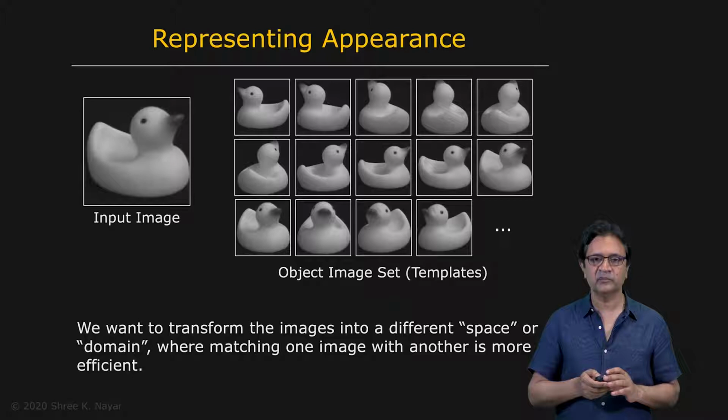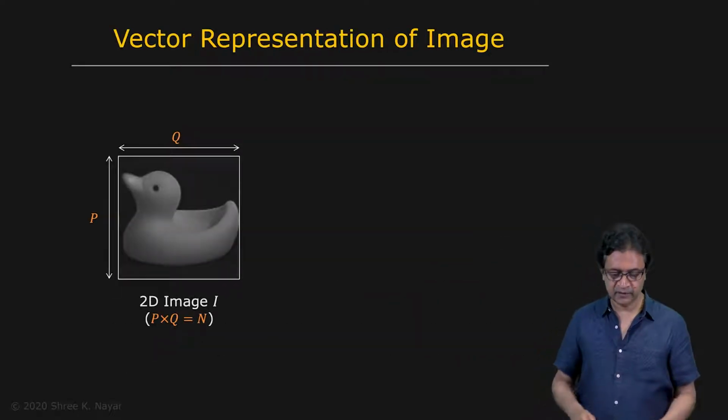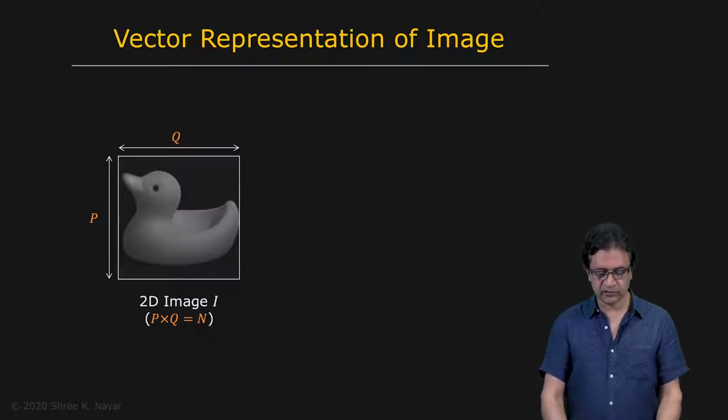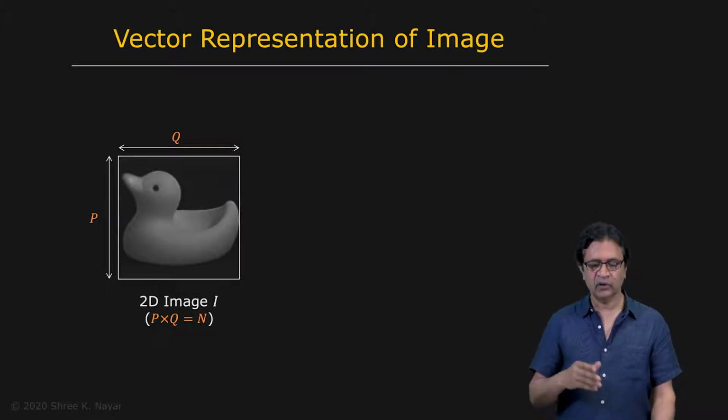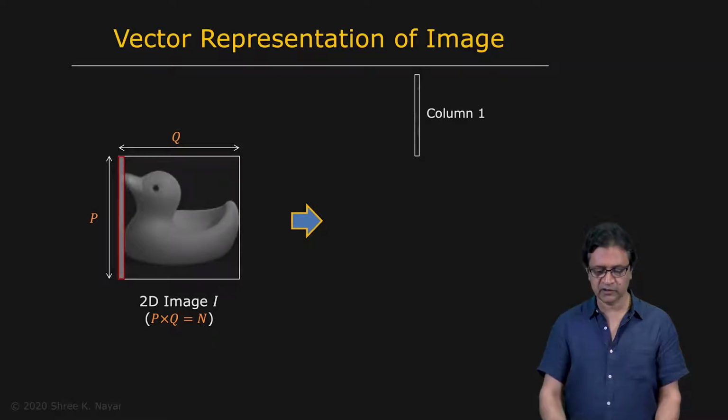So first, let's talk about the representation of a single image as a vector. So here is an image that's given to you, and let's say it has p rows and q columns, so it has n pixels, where n is equal to p times q. One way that you can represent this image as a vector is by simply taking each one of the columns of this image. Say the first column is this one right here.